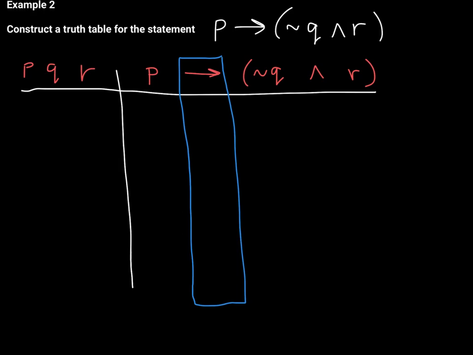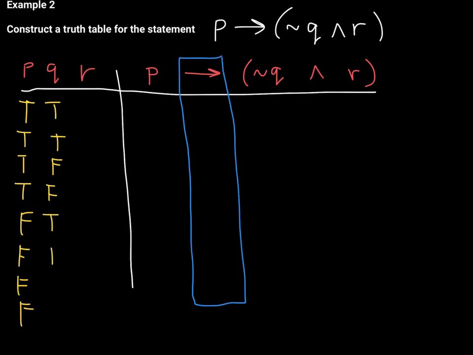All right, let's fill in the possible P values. So you're going to have 4 trues, 4 false statements. I could barely fit it. And then Q can be true, true, false, false. And we're going to do that again.